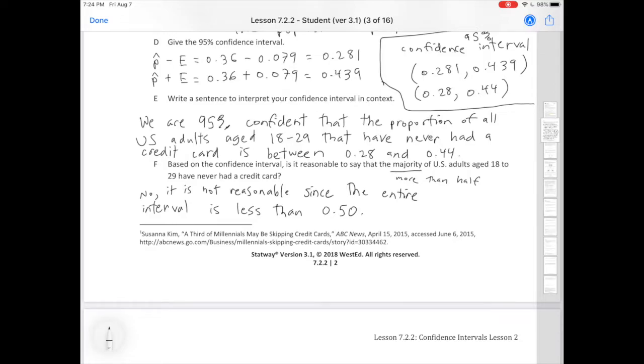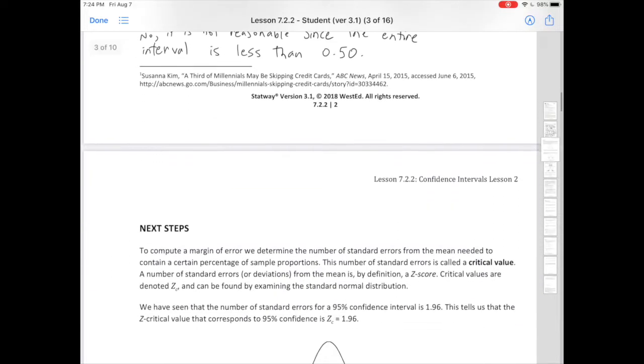Okay, so that's not a reasonable answer. Now, if they had said 40%, that's reasonable, right? Because 0.40 is inside of there. Or if they had said a third of all adults, that's reasonable too, right? Because a third is 0.33. Okay, but you need to make sure that claims that are made fit the evidence, or we reject them. We say that it's not reasonable.